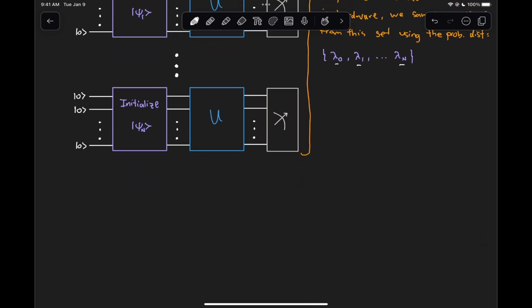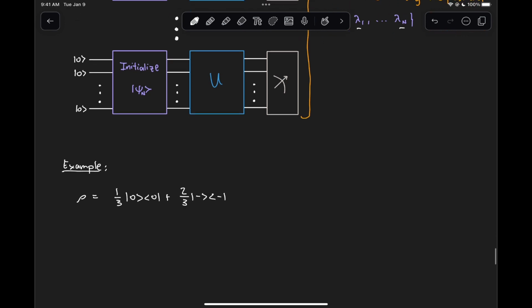So just to start with a simple example of what we mean by performing the spectral decomposition, let's look at, for example, a density matrix given by the state 0, 0 and the state minus, minus, in which we have a classical probability of occurrence of 1/3 for the state 0, 0 and 2/3 for the state minus.